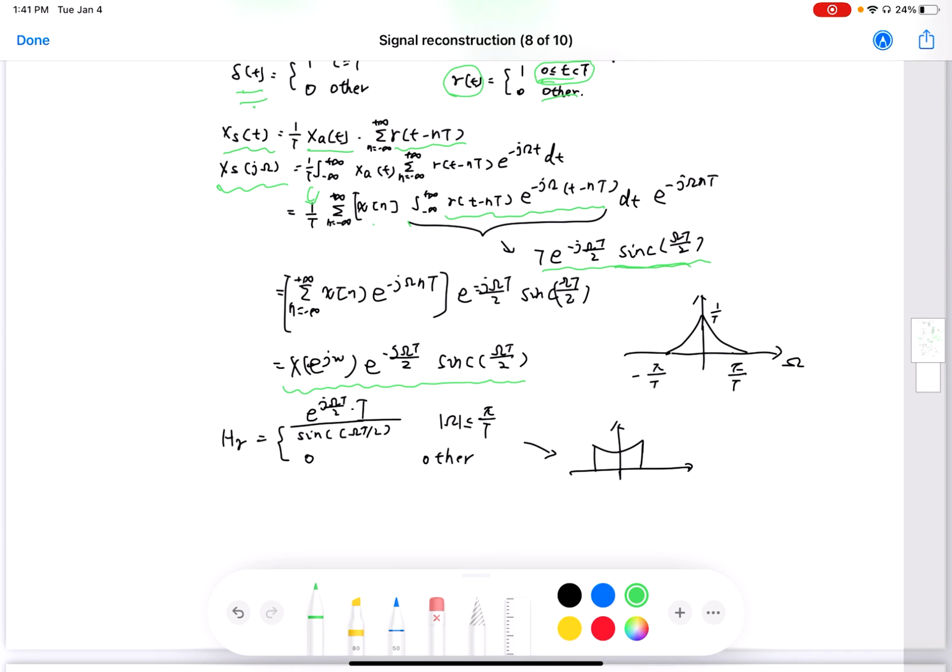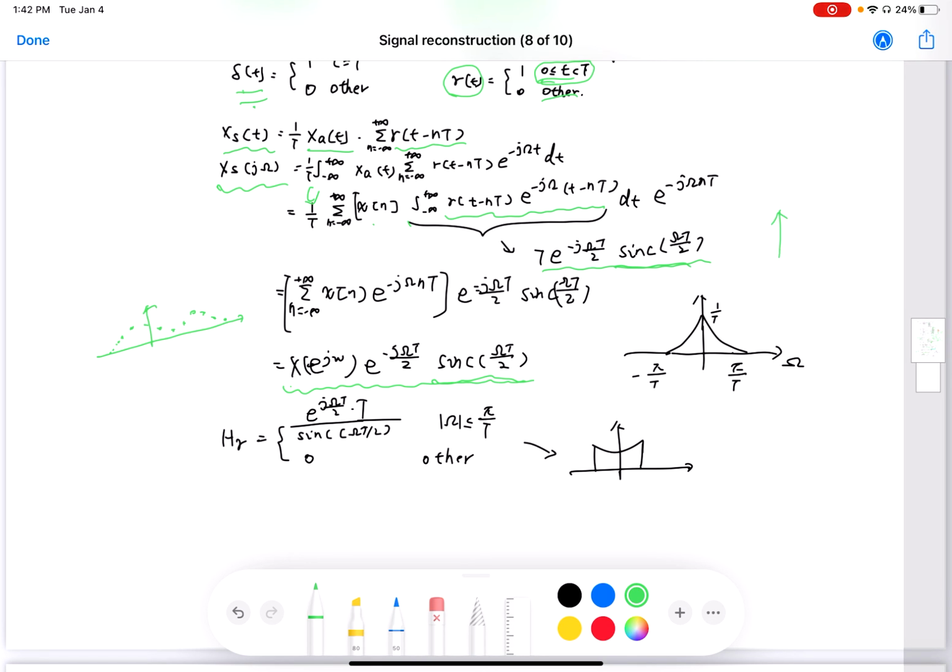The frequency domain is X(e to the j omega), the frequency response of this discrete signal, times e to the minus j omega T divided by 2 times the sinc function.